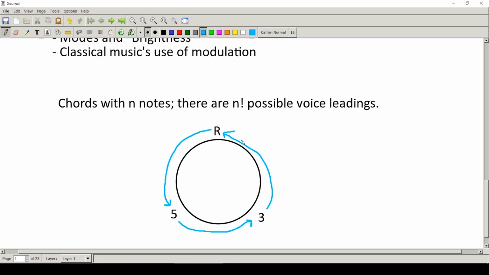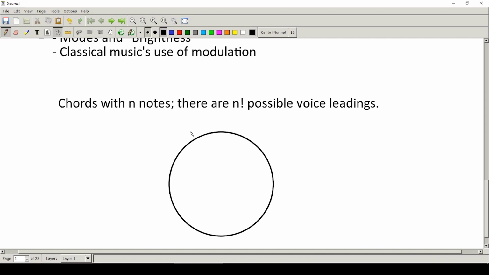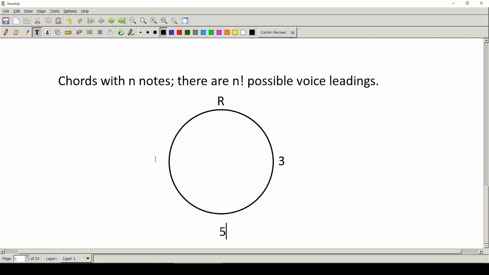So for instance, let's imagine this with something slightly more complicated than triads. Let's imagine applying this principle to thinking about 7th chords. Now we know that a 7th chord has a root, a third, a fifth, and a 7th.